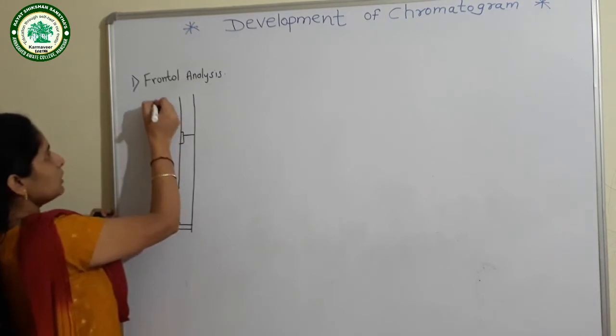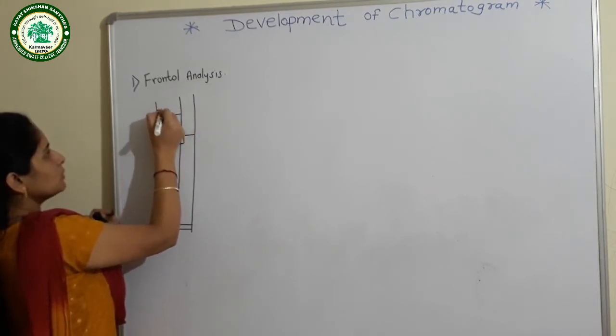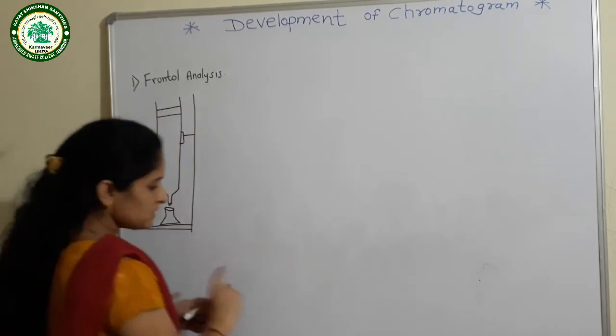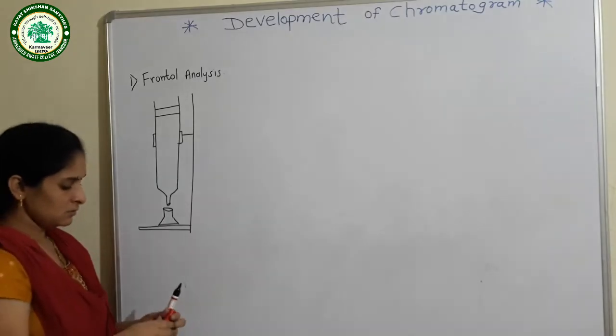Now in this column we will take a mixture of the components. This is our sample. Our sample contains three components.